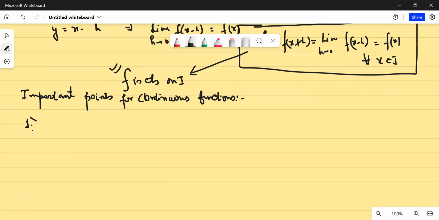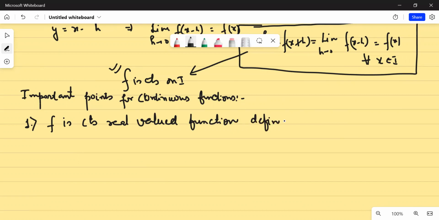The first point that comes to my mind is that let's say f is a continuous real valued function defined on a closed and bounded interval, so let's say this is your interval [a, b].